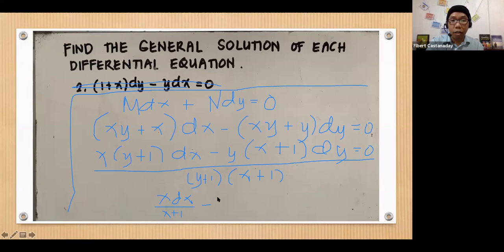So you have minus y dy over y + 1 equal to 0. So it is a pure function of x and a pure function of y in each term. The next step is to integrate this given equation. So that's the method for solving a first order differential equation.